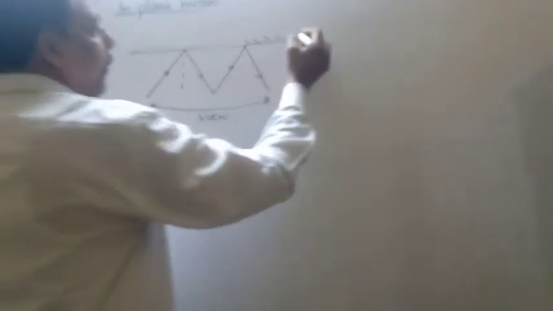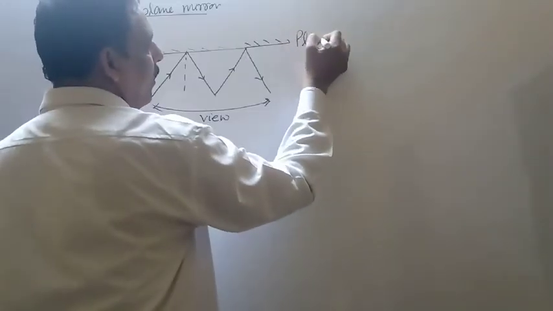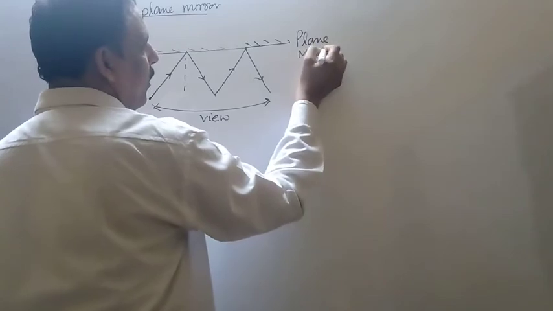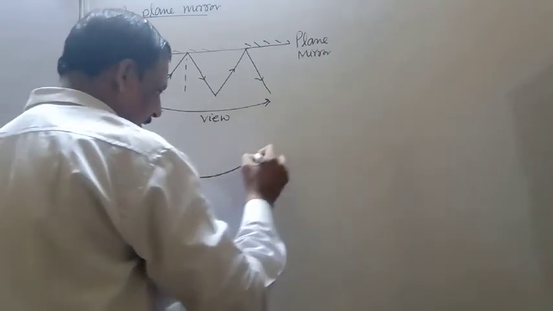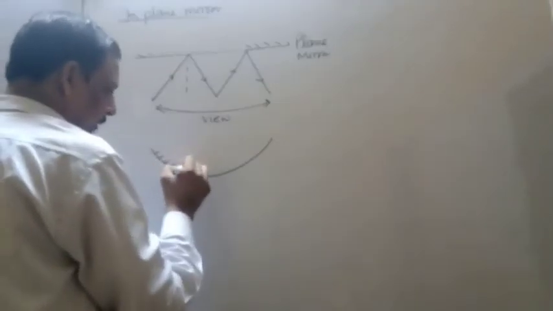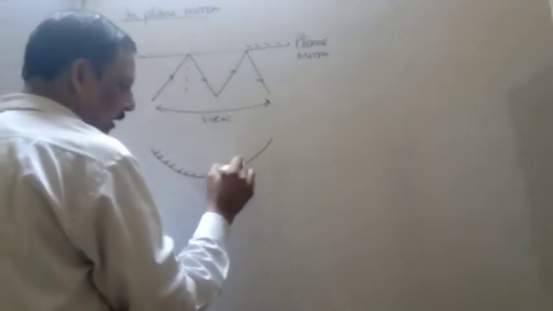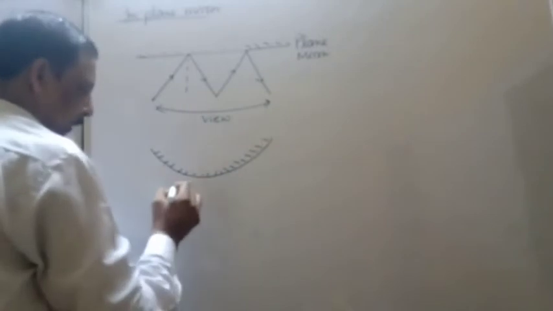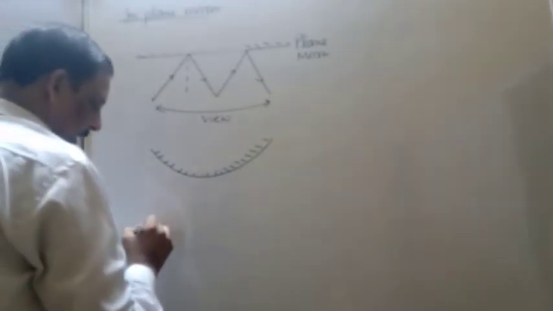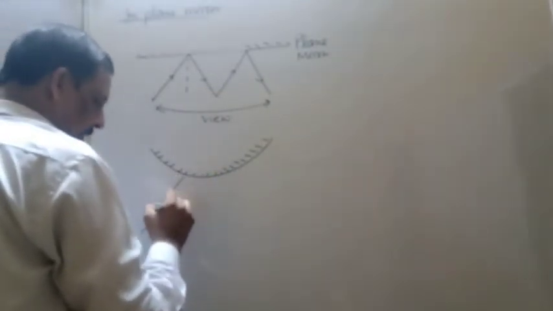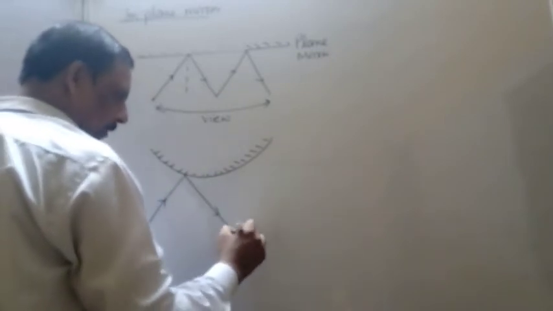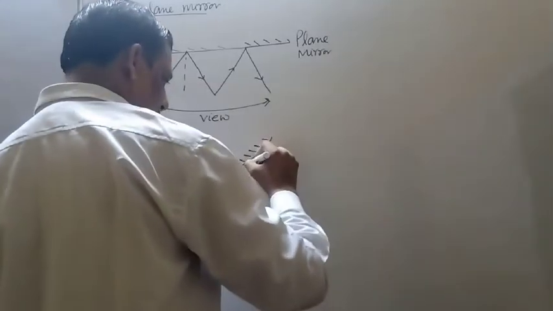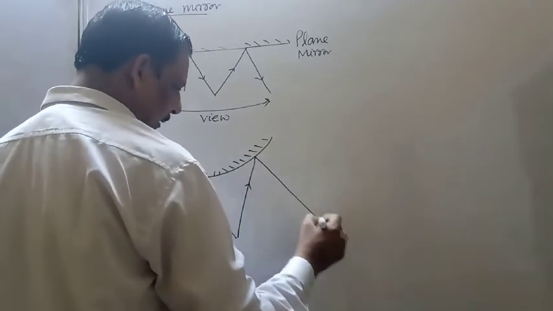But in place of the plane mirror, if we curve it in such a way, this is the plane mirror, this is the convex mirror. Now we are using a convex mirror. Then what will happen? The rays which are coming from objects will come to this place, reflect back, and go this side.